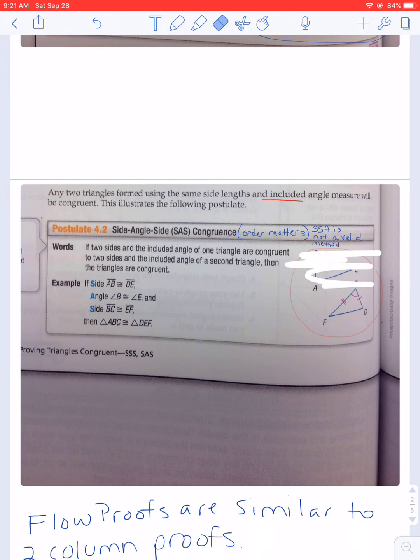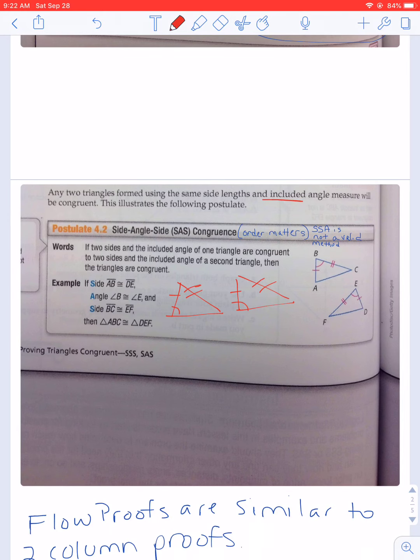So you cannot do, there's no such thing as an SSA postulate. Like, I could not do this. This would not be using SAS properly if I did something like this. Okay?